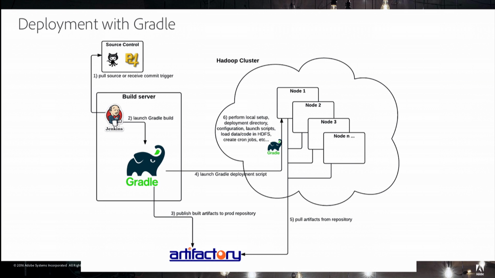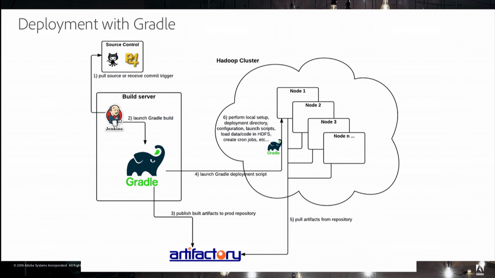So here's kind of a high-level diagram of deployment with Gradle. We'd have our source control, Git and Perforce, kind of the big ones that we use. And we have our build infrastructure. With Jenkins, we looked at this as, let's have Jenkins as the actor, the UI, and allow users to launch for a release, not necessarily for development, but for release.